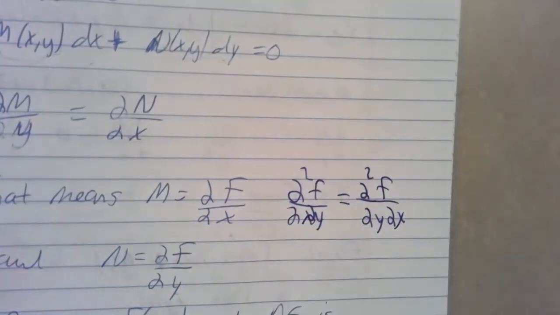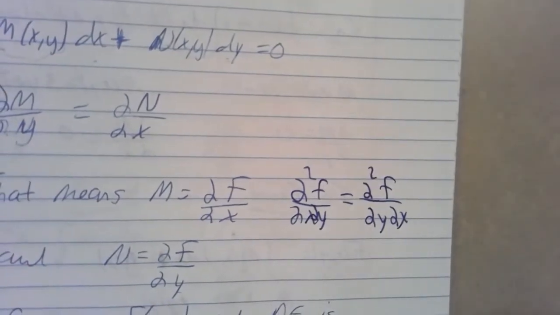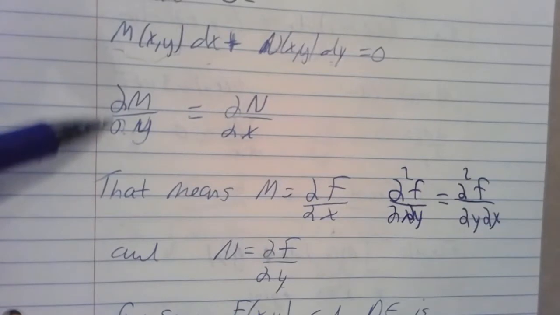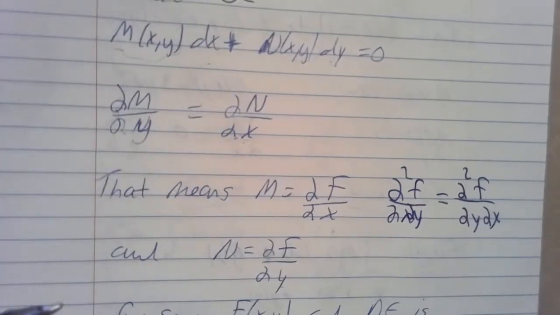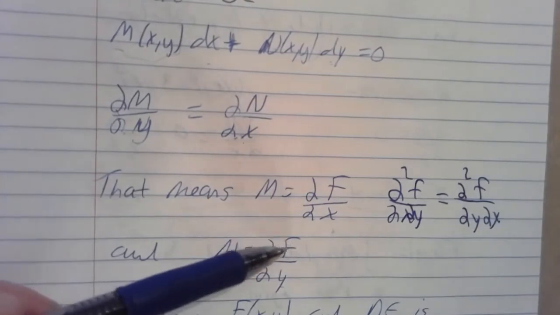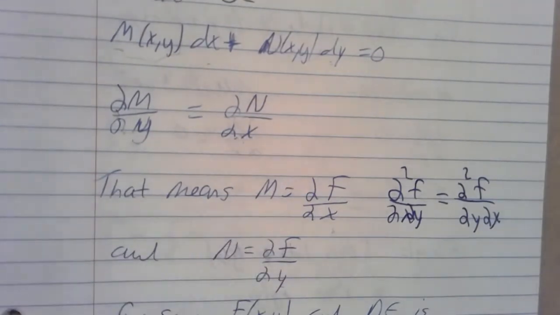The mixed partials are equivalent. So if these guys are equal, that means the mixed partials of some higher order function f are equal, so f must be continuous.